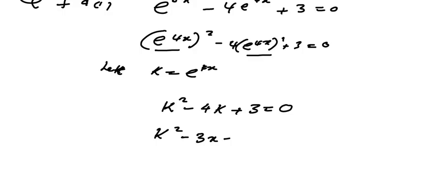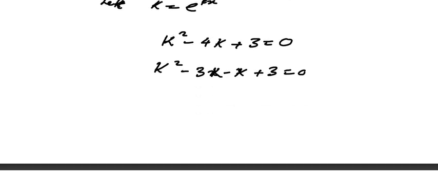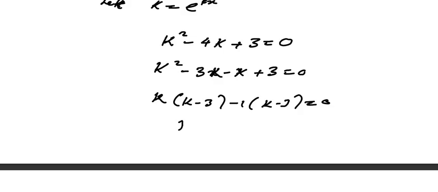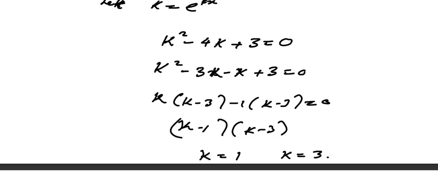This gives us k minus 1 and k minus 3, which is equal to 0, meaning k is equal to 1 and k is equal to 3. Once you get your k values, you need to equate them back to what k was.